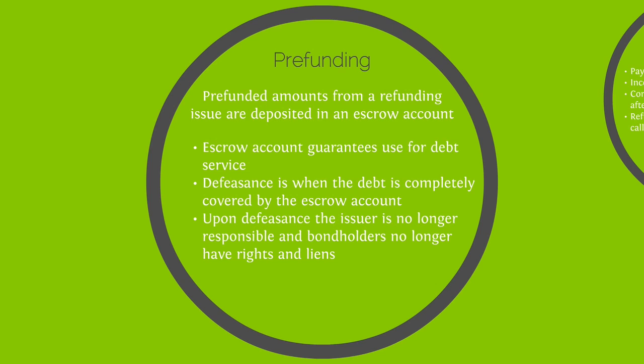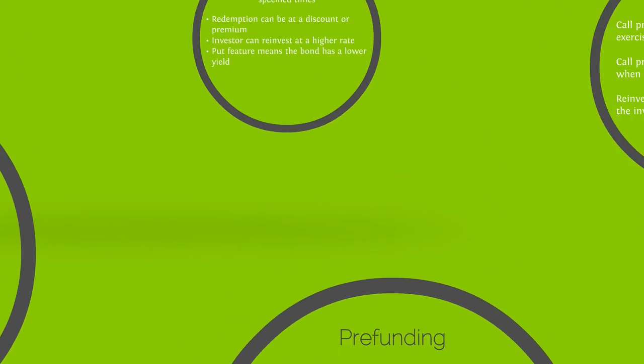Prefunding is when an issuer is able to fund their account early through an escrow account which services and continues to pay. So it's not a call, but what's called a defeasance is when the debt is covered through an escrow account, and then the issuer can remove any types of collateral or liens against their company or its assets because they've set aside all the cash to meet their bond obligations.